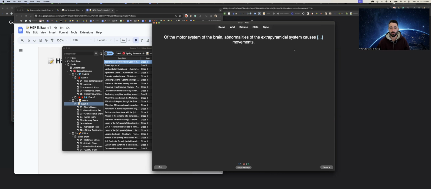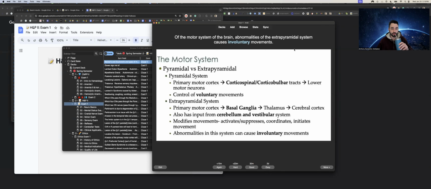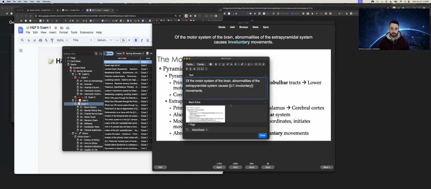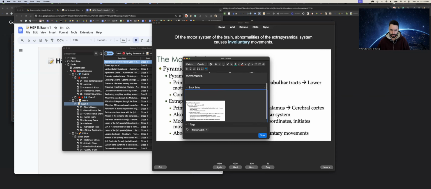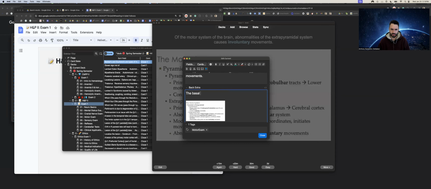Of the motor system of the brain, abnormalities of the extrapyramidal system cause blank movements. I have no idea. Involuntary. This is where the basal ganglia live, so involuntary makes sense there. The basal ganglia is extrapyramidal.